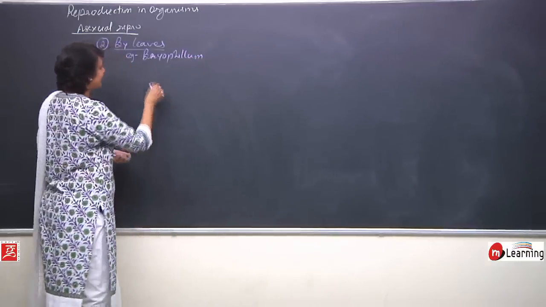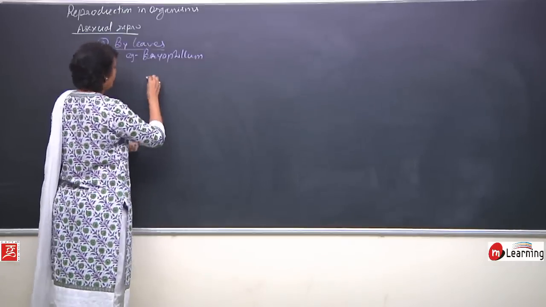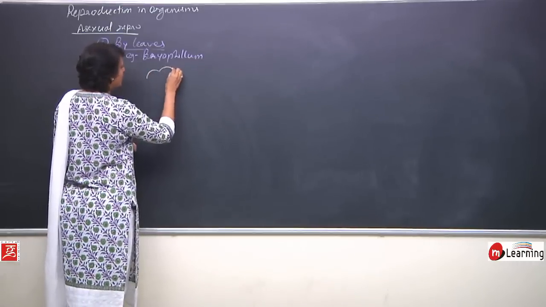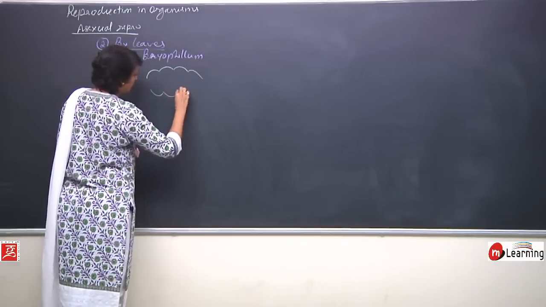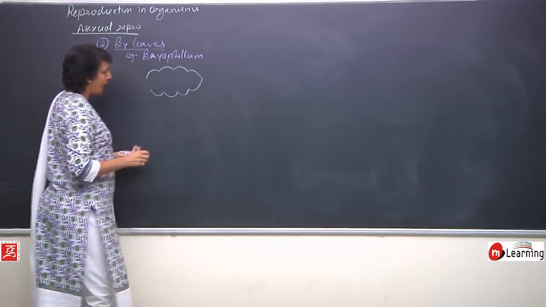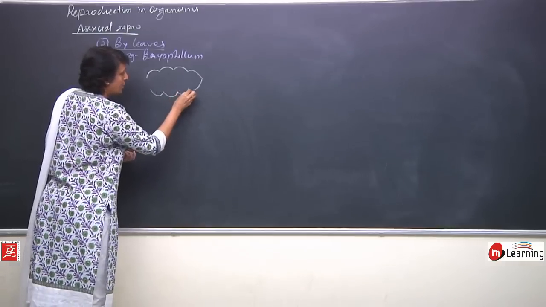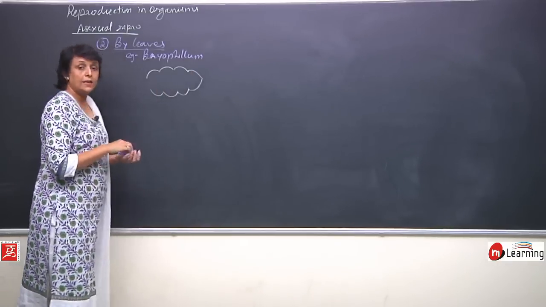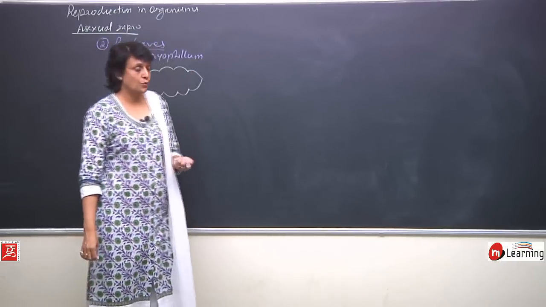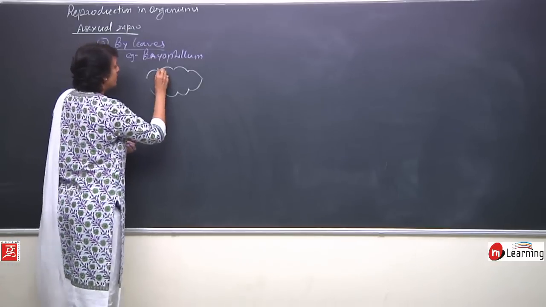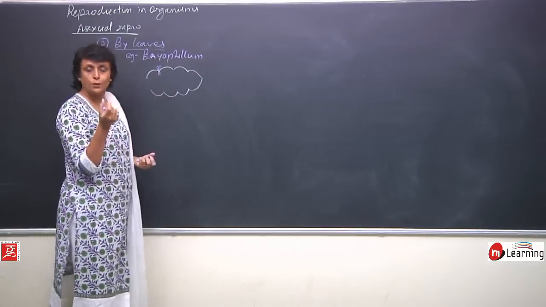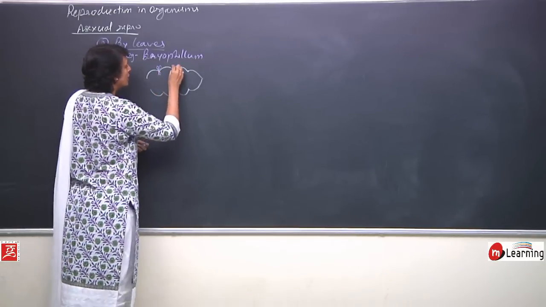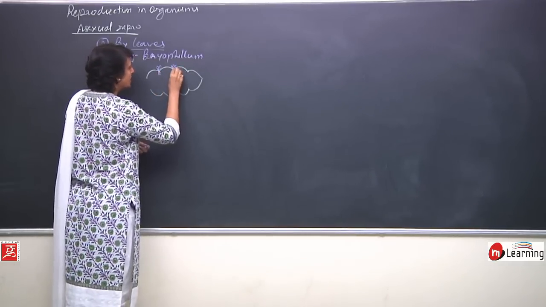Bryophyllum leaves are thick and their margins have such depressions, and at these points there is meristematic tissue. So here we many a times see a tiny plant with roots, a couple of leaves and small roots at these margins.